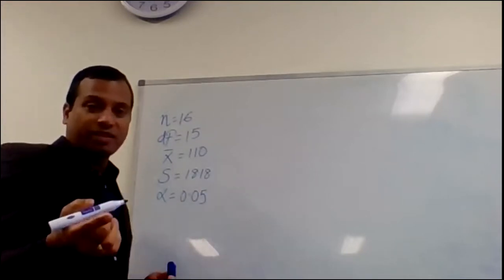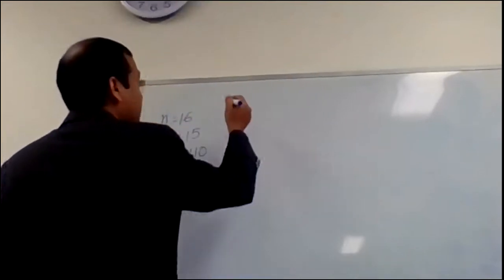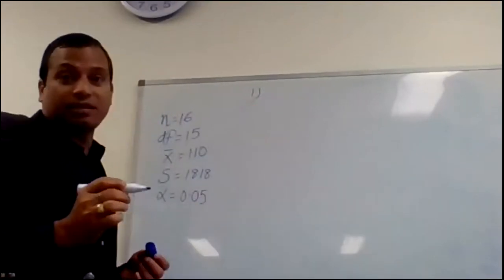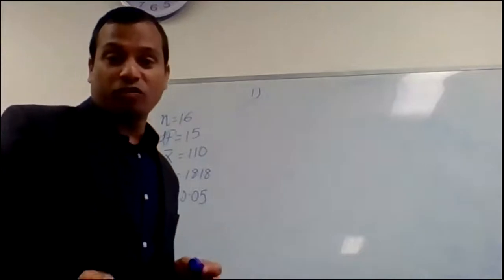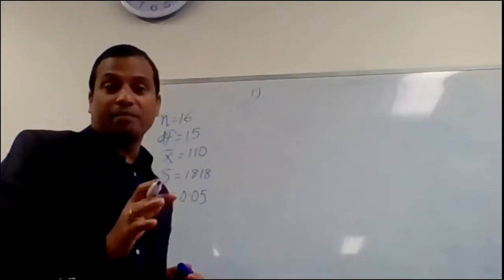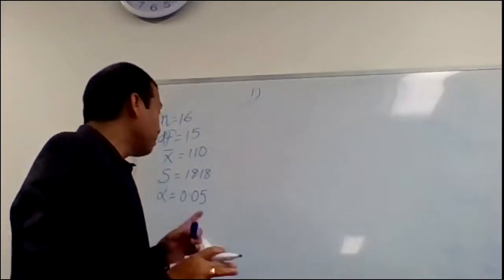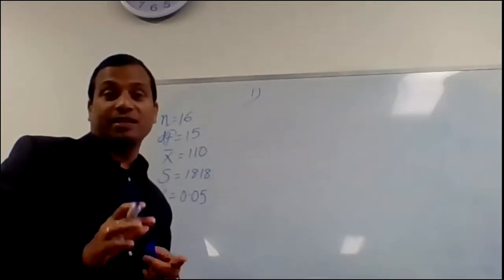Since the hypotheses are already given, we don't have to formulate them. Just go back and see the steps. Step 1, requirement. Does this exercise meet the requirements? The sample has to be a random sample selected from the population. Yes, the question says it is a random sample.